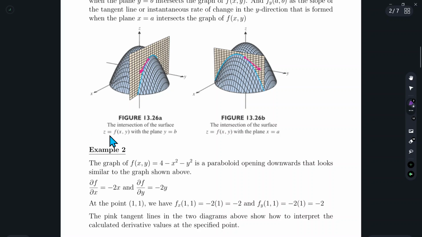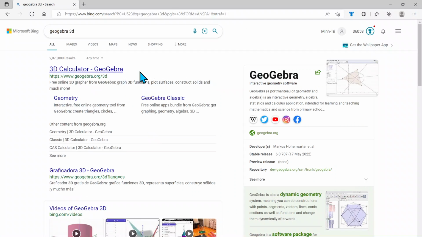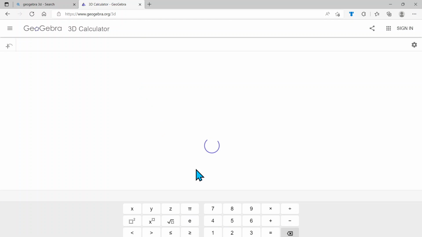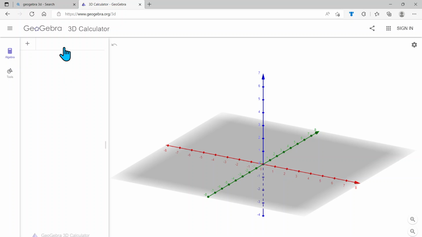In example 2 at the bottom of this page, it describes a function that's similar to the function being visualized in these two diagrams. If I take the function 4 minus x squared minus y squared, let's quickly draw it in GeoGebra, so that you'll see that it's an upside down paraboloid.